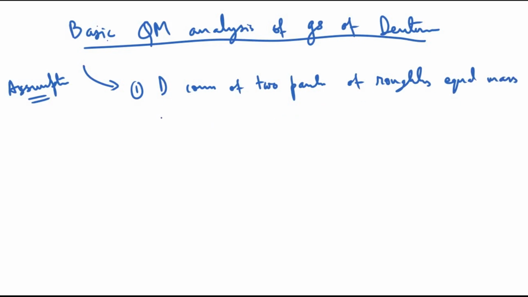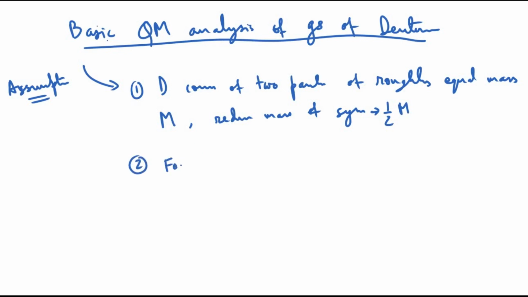What is the mass? M. So this means that the reduced mass of the system is half m, right?